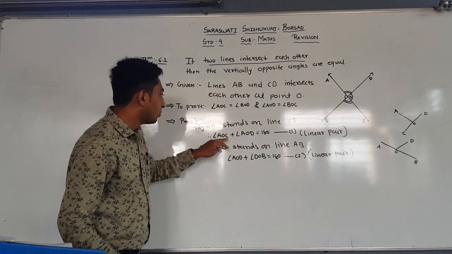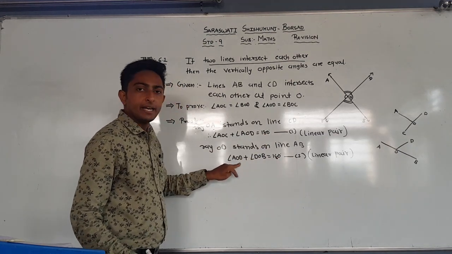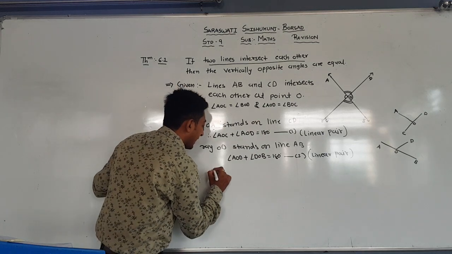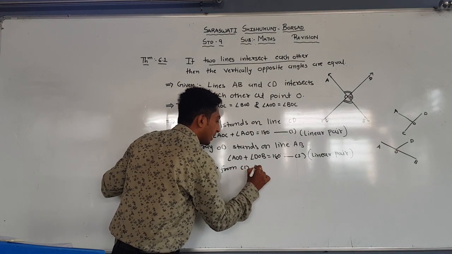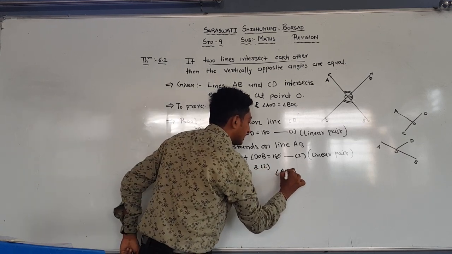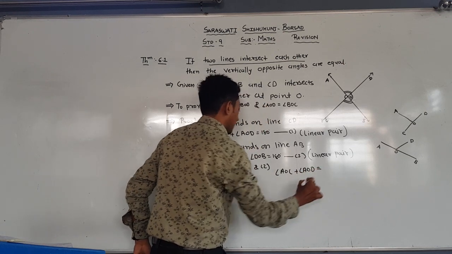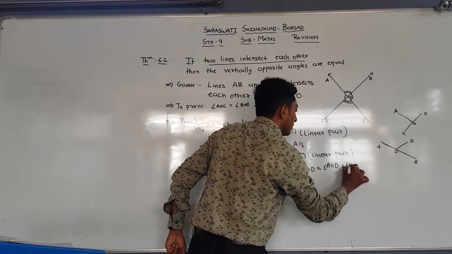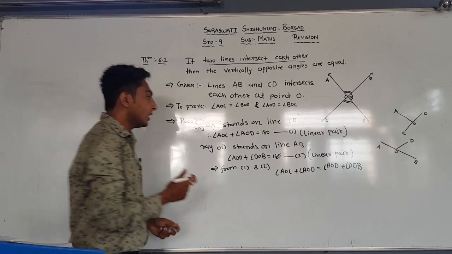Now from 1 and 2: if x equals y and y equals z, can I say that x equals z? So from 1 and 2, can I write angle AOC plus angle AOD equals angle AOD plus angle BOD?